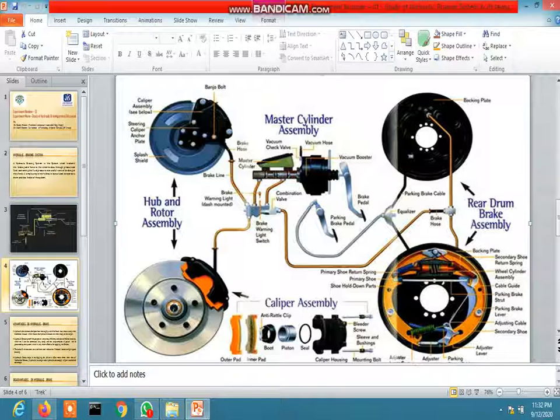Now when the brakes are applied, what happens?